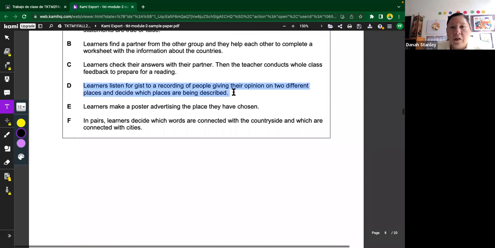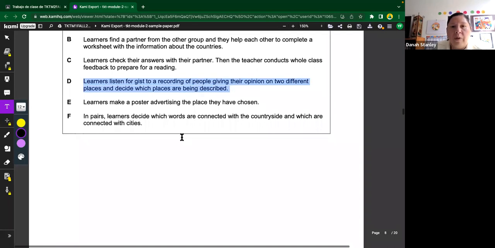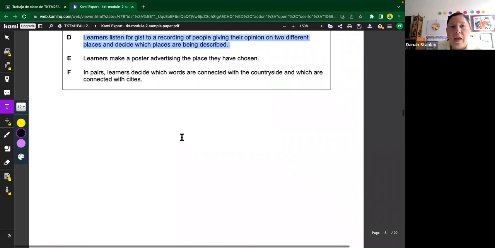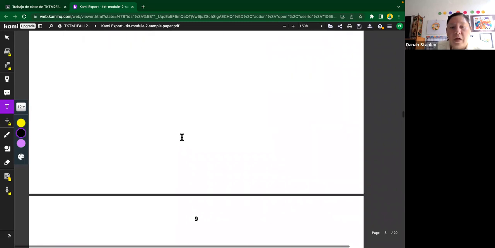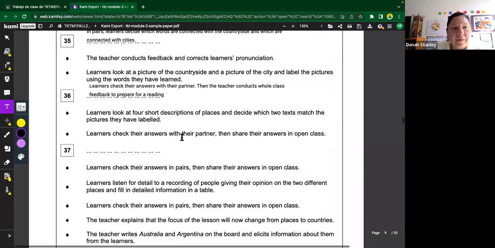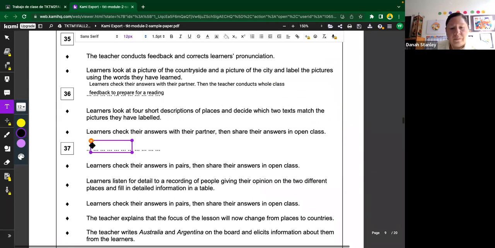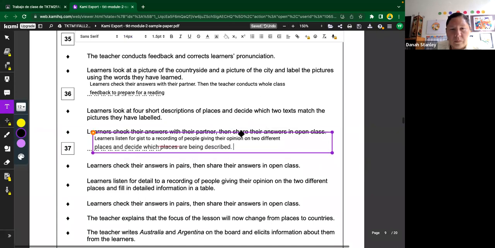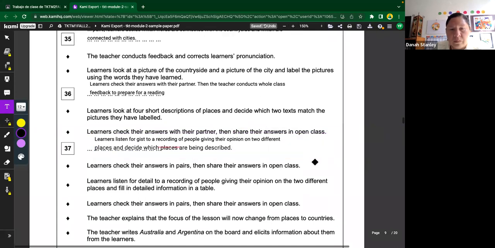Learners listen for a gist, to a recording of people giving their opinion of the two different places and decide which place is being described. Ujú.